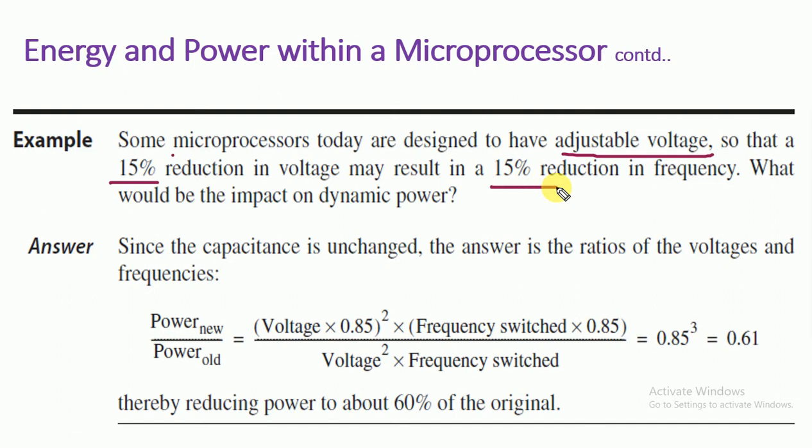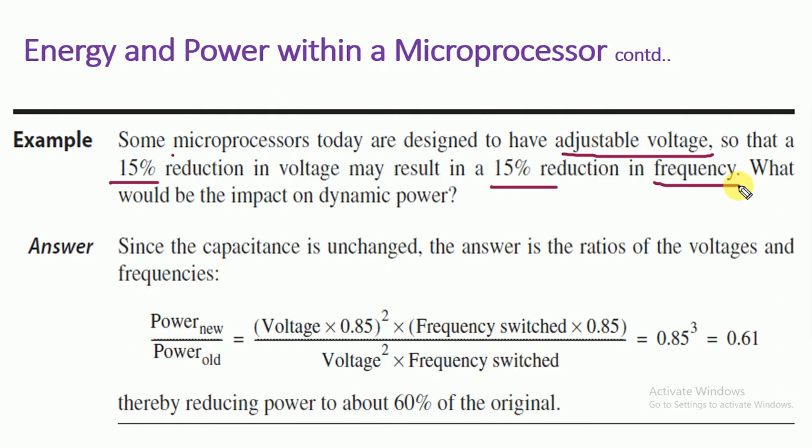So if the processor can adjust the voltage, and if you reduce that voltage by 15%, we are making an assumption that it may result in a 15% reduction in the number of times the switching happens, that is the frequency. So automatically if you reduce the voltage, the switching will also be reduced. That is the assumption we are considering.